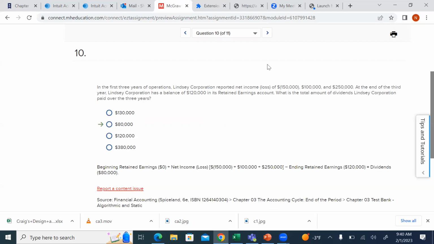What is the total amount of dividends Lindsay Corporation paid over the 3 years? Wouldn't we take the minus 150 plus the 250 and 100? So you've got a net of 200,000 there, right? And if they had an ending balance of 120, wouldn't you take that 200,000 minus the 120 to give you dividends of 80?